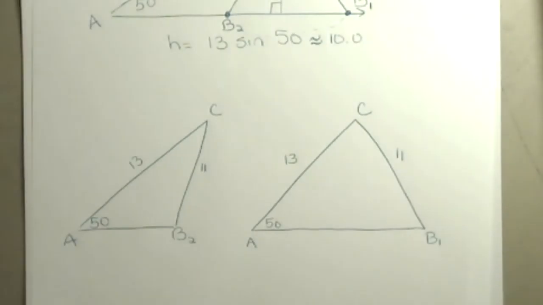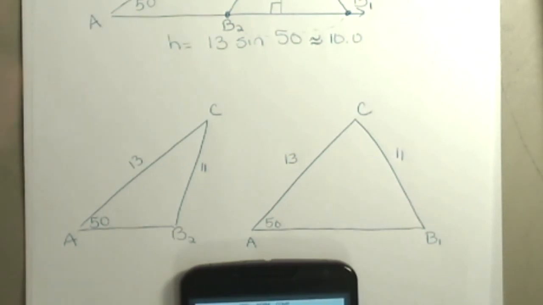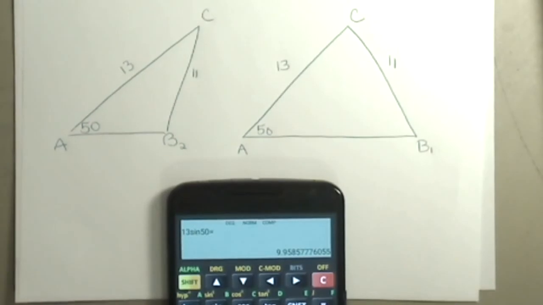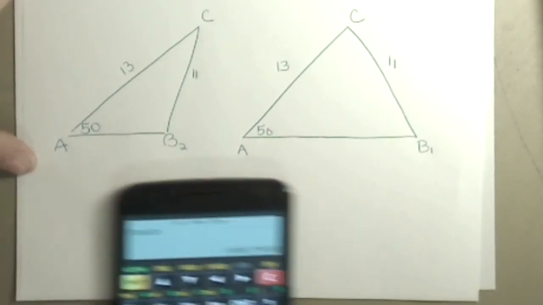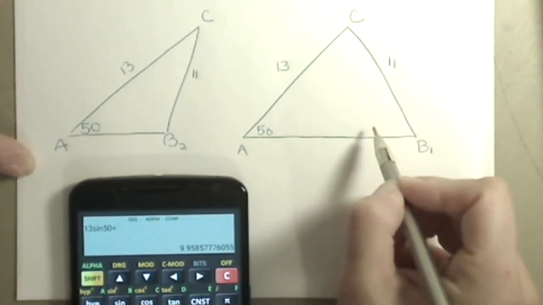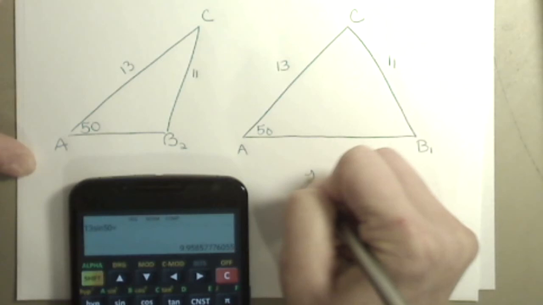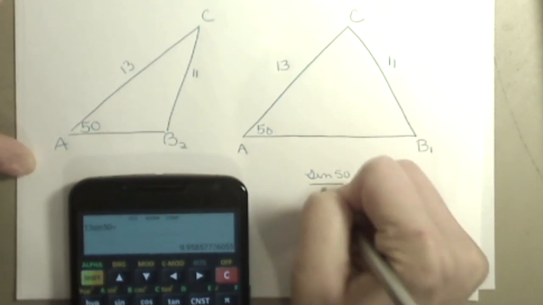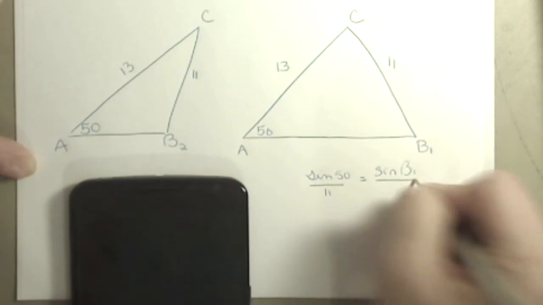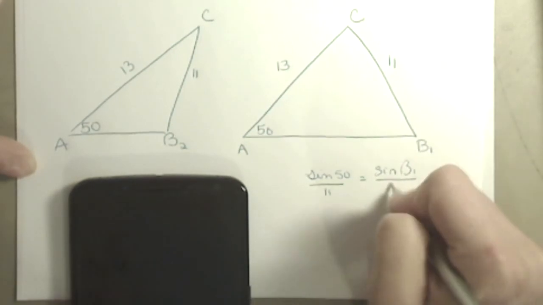Now, when you use your calculator, of course, we're doing law of sines here. The ambiguous case falls in law of sines. To solve this triangle, you're going to get the acute angle first with law of sines. So if I set up a law of sines to solve for angle B, sine of 50 over its opposite side is going to equal sine of B sub 1, or whatever point you want to call it, over 13.